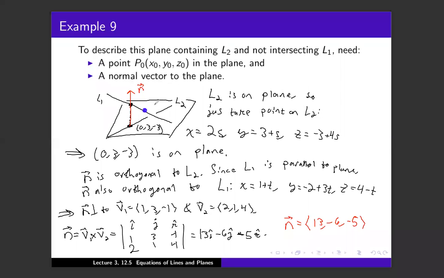The point on L1 that we can use is just the point we're given on L1, which is the point (1, -2, 4). That point comes from the parametric equations for L1. So we now know what we're going to have to do for part B, and then we're just going to project as we usually do.